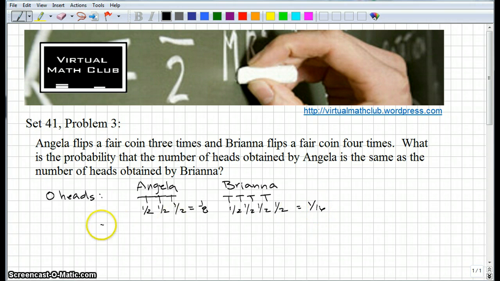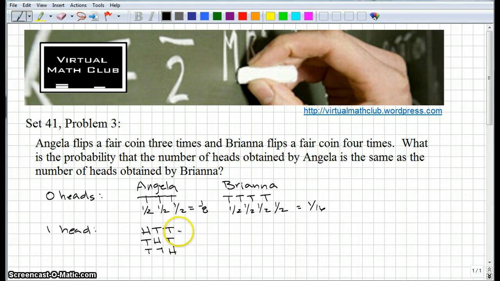All right, so let's look at another case where they each get 1 head. What does that look like for Angela? She could get a head, tail, tail, or a tail, head, tail, or a tail, tail, head.